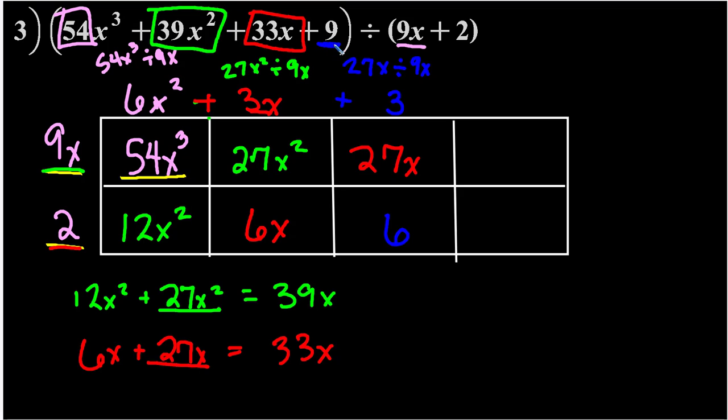Well, 6 does not match. So I need to think 6 plus what is going to equal 9. And so that would be 3. So this one has a remainder of 3.